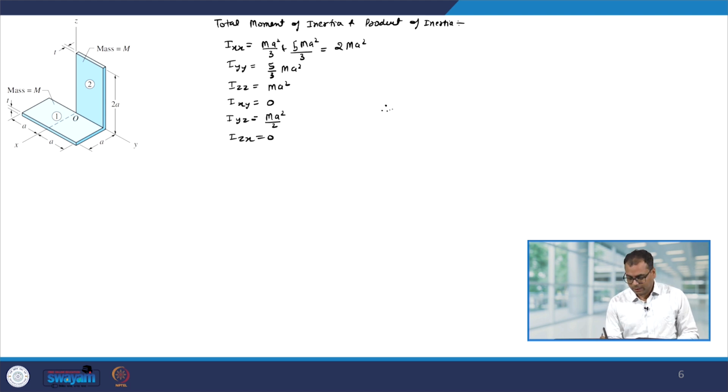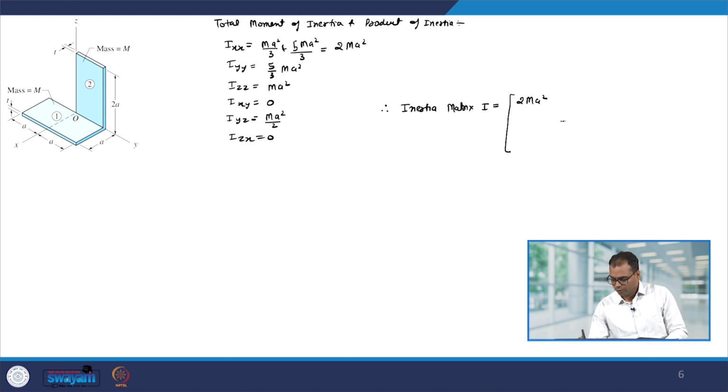Therefore, the inertia matrix I will be equal to Ixx, which is 2 m a square, 5 by 3 m a square, and Izz is m a square, and then we have 0, 0, 0, minus half m a square, 0 and minus half m a square.